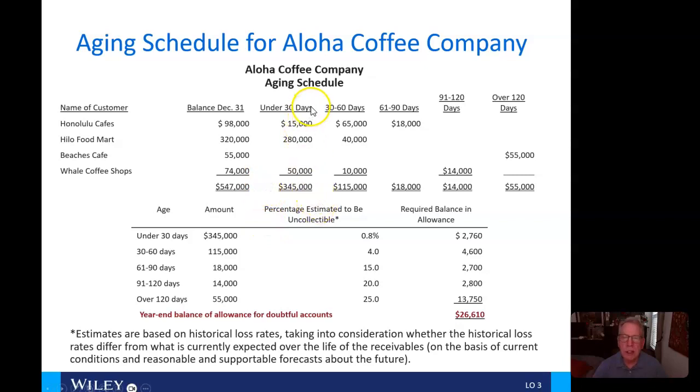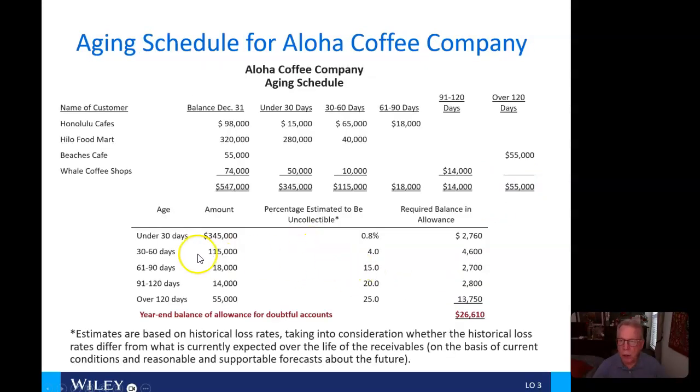And then we age it: under 30 days, 30 to 60 days, 60 to 90, 91 to 120, and then over 120. And this is past due, assuming that it's 30 days to collect this, right? So normally under 30 days is not going to be delinquent. The remaining amounts are going to be in a delinquent status here.